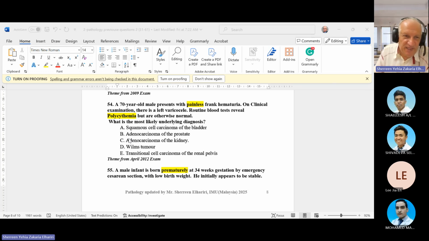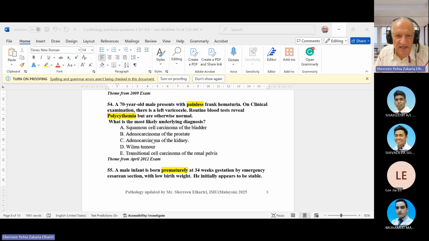So the triad of painless hematuria, kidney swelling, and polycythemia is a triad for renal cell carcinoma or adenocarcinoma of the kidney. And in a male patient, it can be associated with left varicocele if it is on the left side.